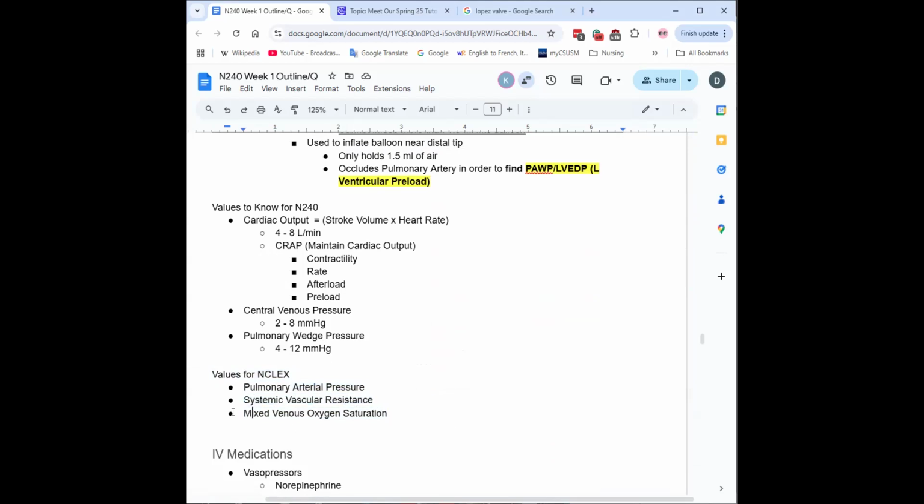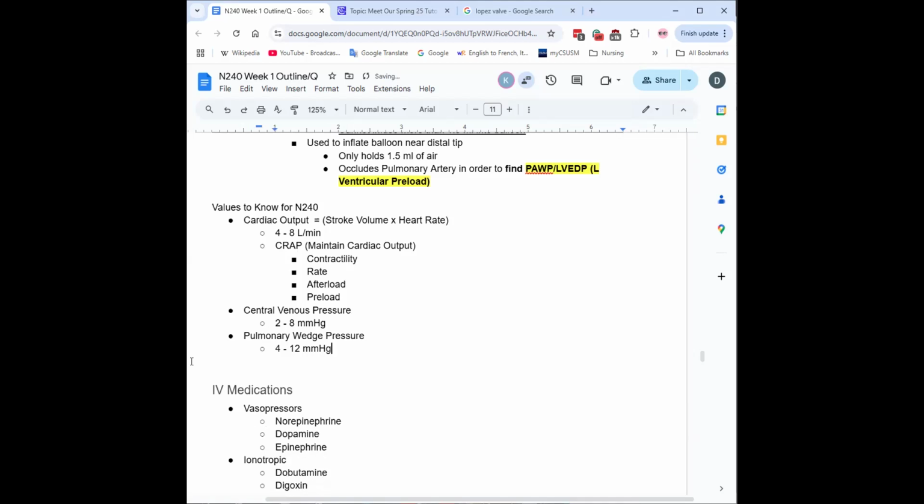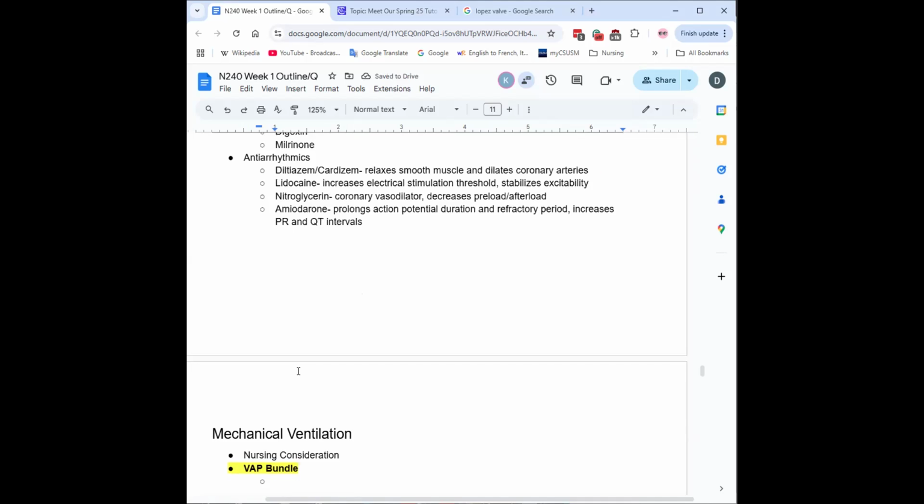And then there's another thing the catheter can do, which is get you the mixed venous oxygen saturation from a blood sample. With that, you're also able to determine how good your circulation and perfusion is going, but you don't need to know that for this week, and you don't really need to know it much for the class. So I'll kind of just erase that for now.